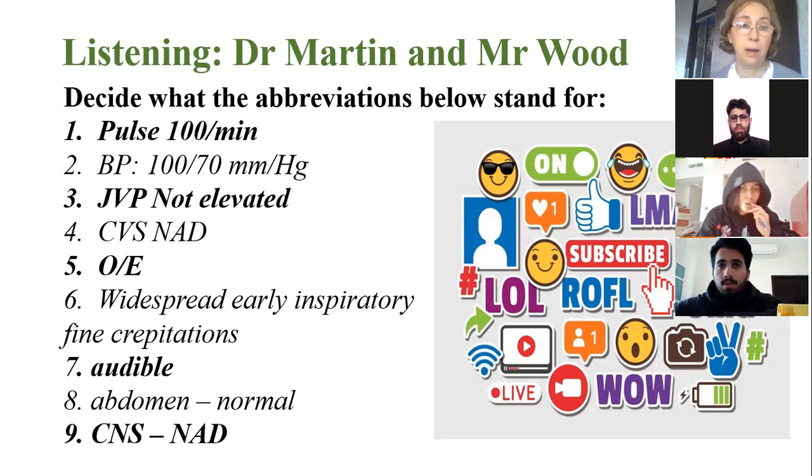Like 100 to 70, what? Millimeters, right. Of mercury. Yes, because mercury is used in some devices for measuring the blood pressure.